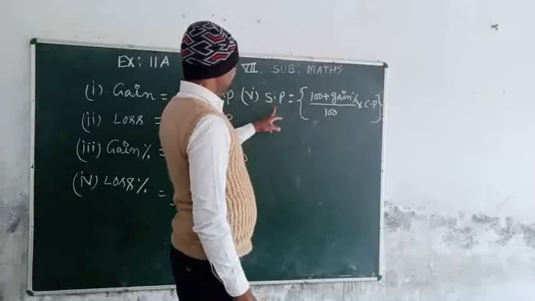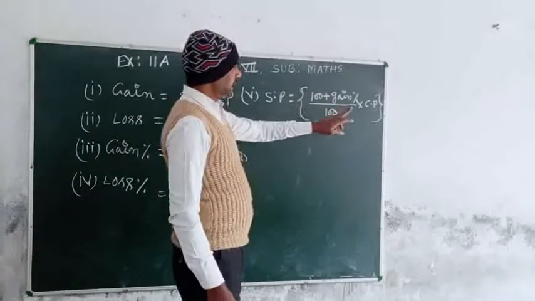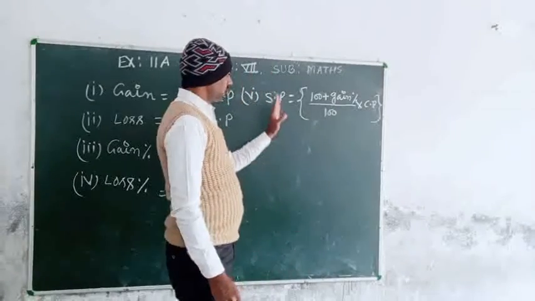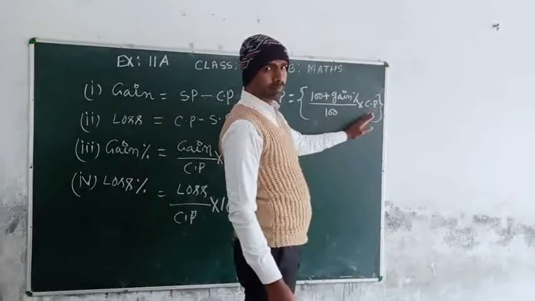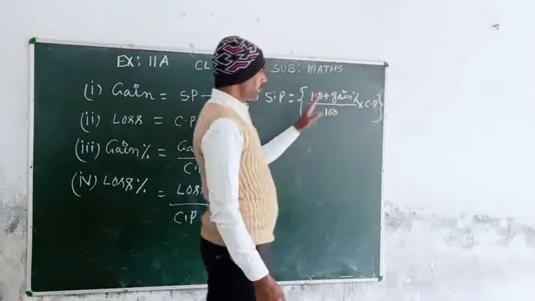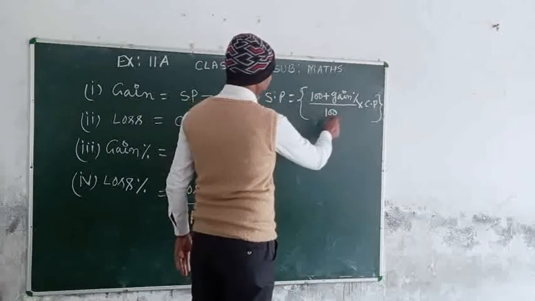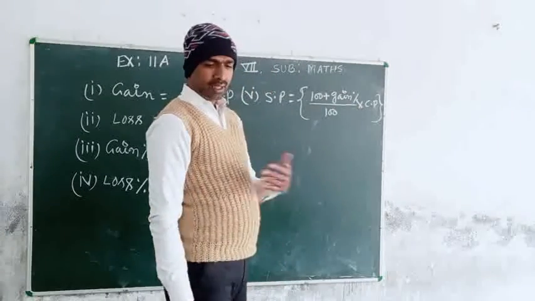To find SP when gain percent and CP are given, we apply this formula: 100 plus gain percent upon 100 multiplied by CP.